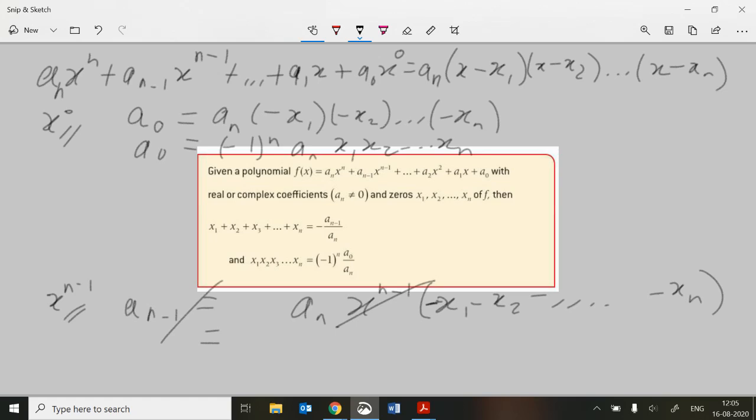So now we just need to divide by the minus and divide by a_n, and we're getting our sum here. So let's write it round: a_(n-1) divided by a_n, divided by the minus as well, and we're left with x1 plus x2 plus all the way up to xn. So there we go, we've shown that the formulas are true there.